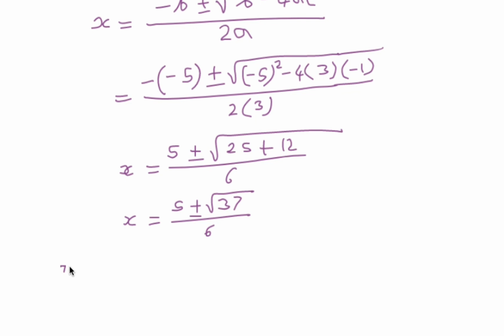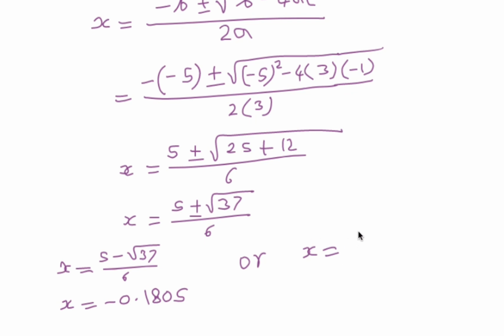So one value, when we take minus: 5 minus square root 37 divided by 6, so x value is minus 0.1805, or when we take positive sign, 5 plus square root 37 upon 6, so we get 1.8471. Okay, so we get two roots, two answers.